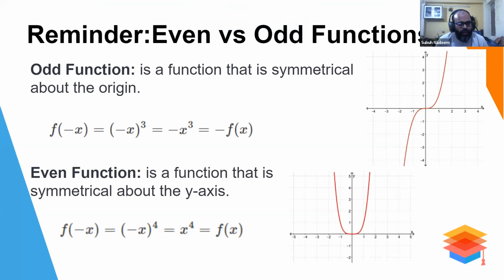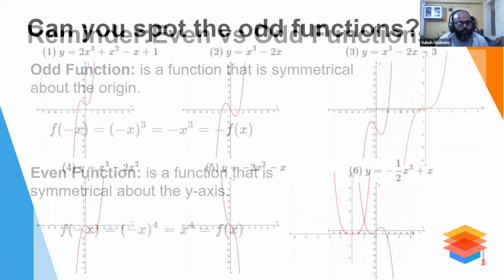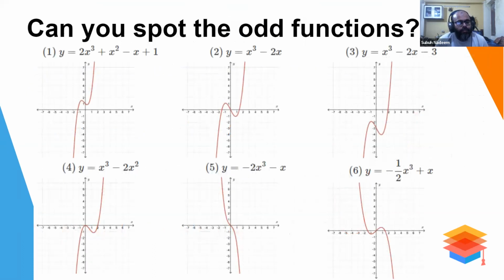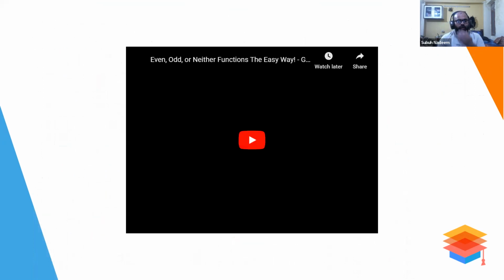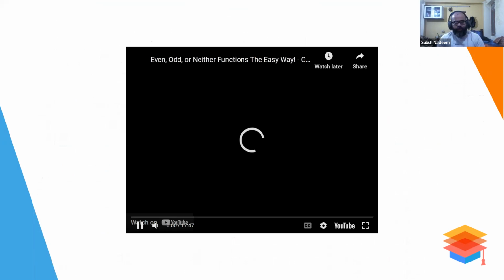Take next slide. Can you spot the odd function? Okay, and this is the graph of this. Okay, next. I think that's it, sir. That's it. Okay, fine. So it is very small, so let us finish this quickly.